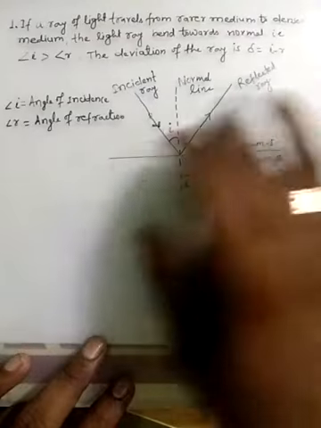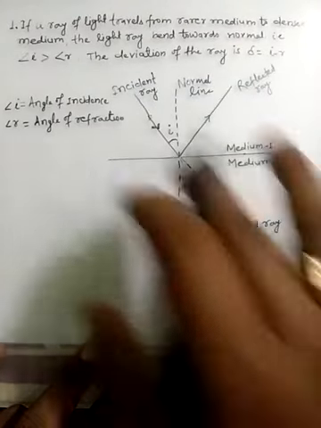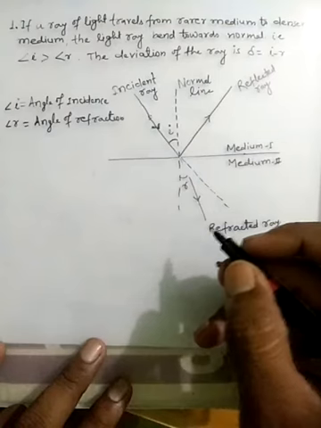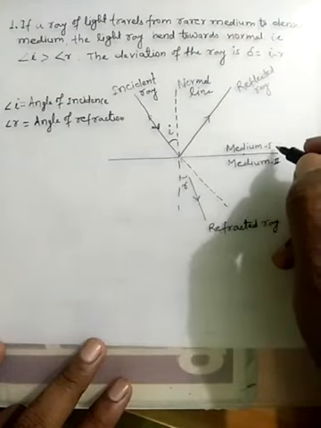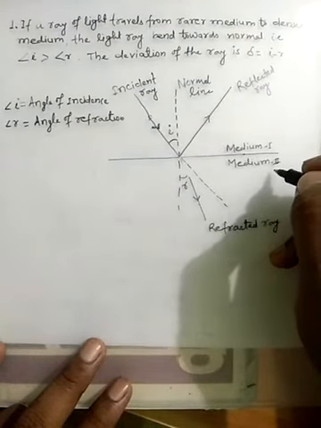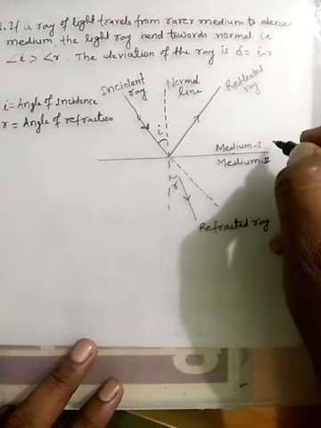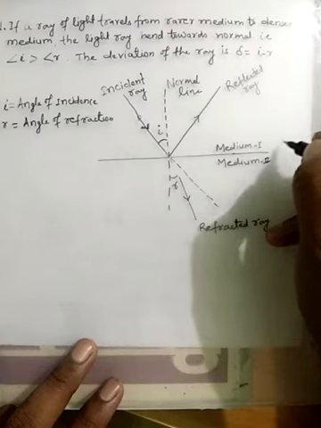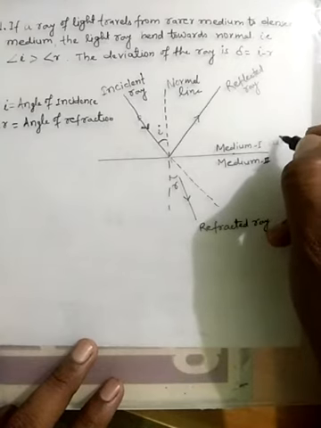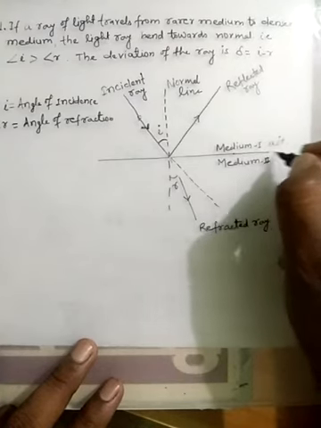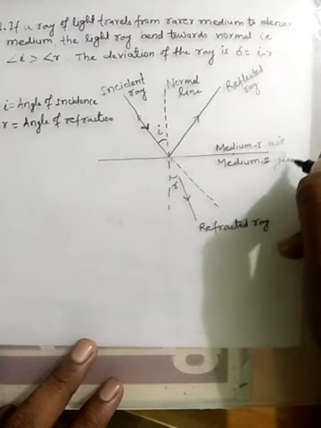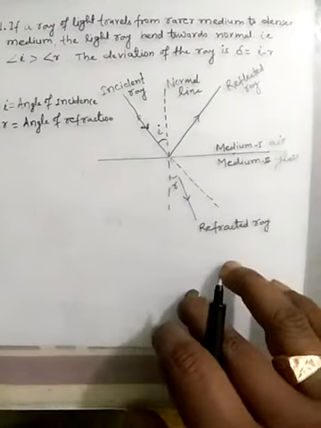Here is the diagram for this condition. Medium 1 is the rarer medium and medium 2 is the denser medium. Medium 1 is assumed to be air. Here air is present and medium 2 is glass or maybe water.